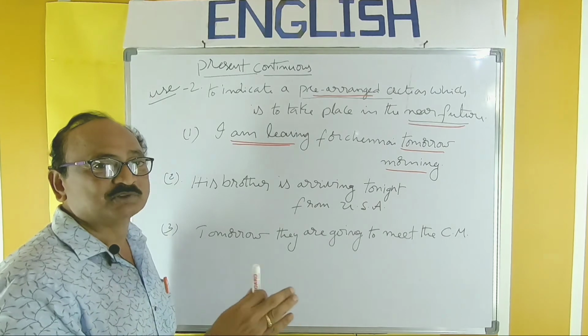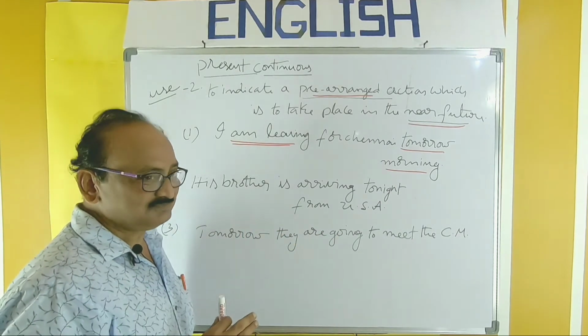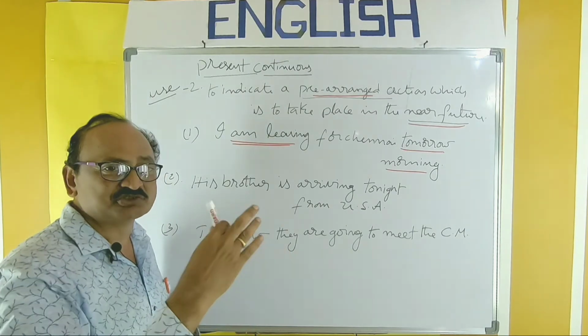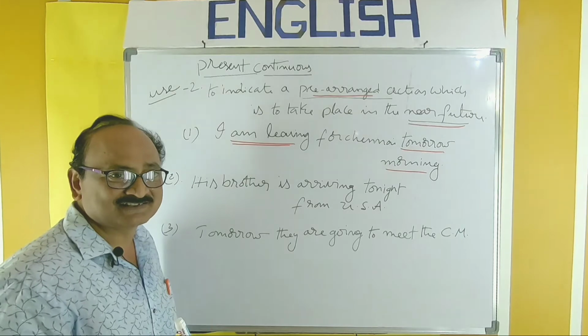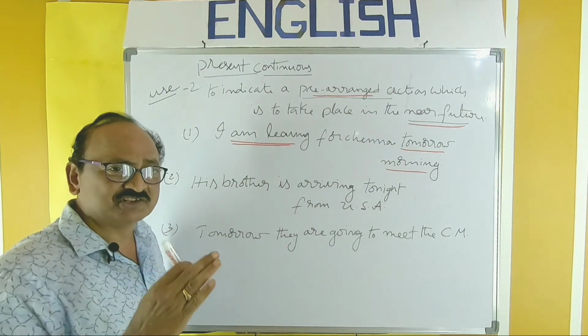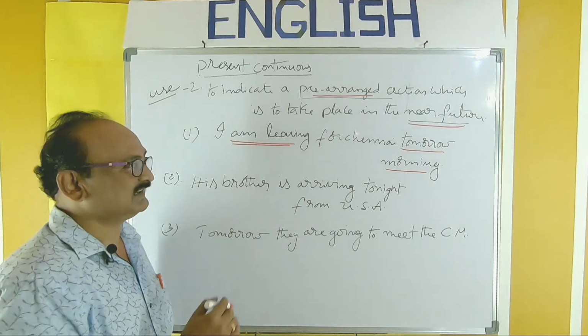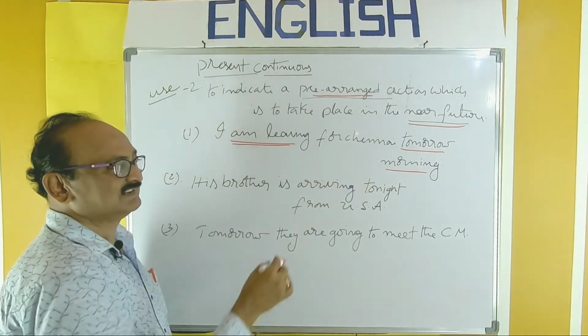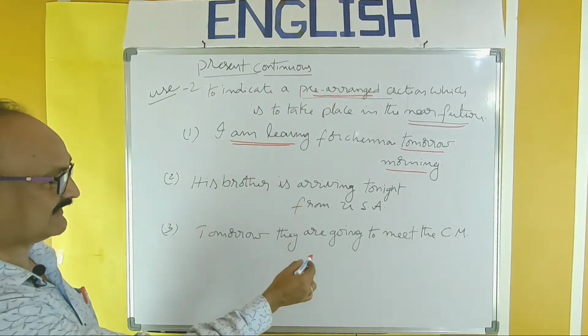I am going to Chennai. I am going to play a match. I am going to an excursion. People use that going to expression. It's also okay. But why should you always use going to? You can use the other verb. I am leaving for Chennai tomorrow morning. And of course, going to. I have given also one example here.